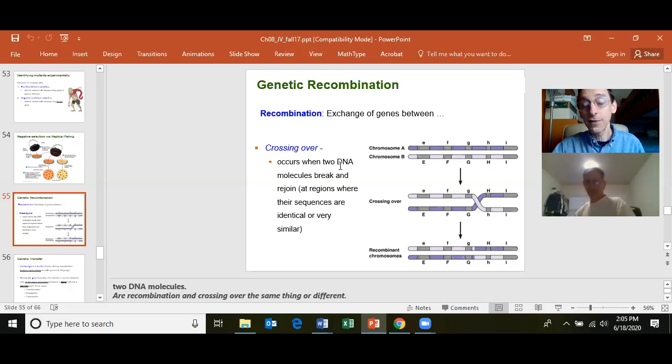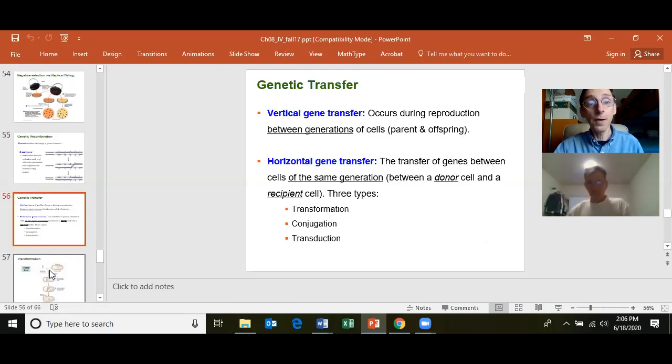Because generally, the same thing happens. Whenever you have crossing over happen, you have recombination happening. And generally, when you have recombination happening, it happened because of a crossover event. All right? But like I said, recombination is a little more general of a term than crossing over.